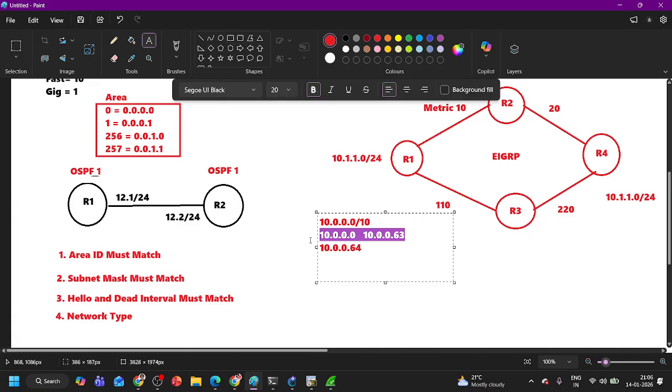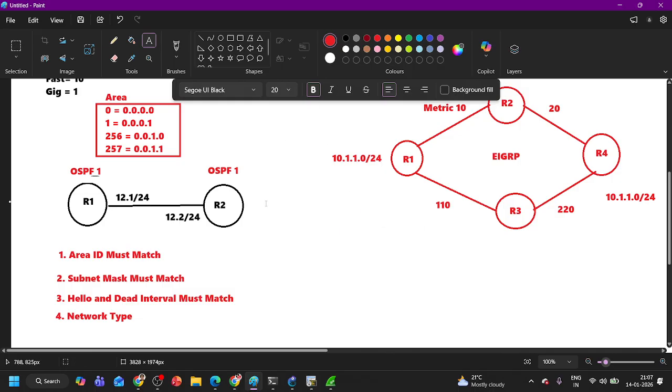Is it correct subnetting? Just go through subnetting once. You will understand this, like how 256 is 1.0. We have covered it. Just watch the subnetting recording once again. Okay.